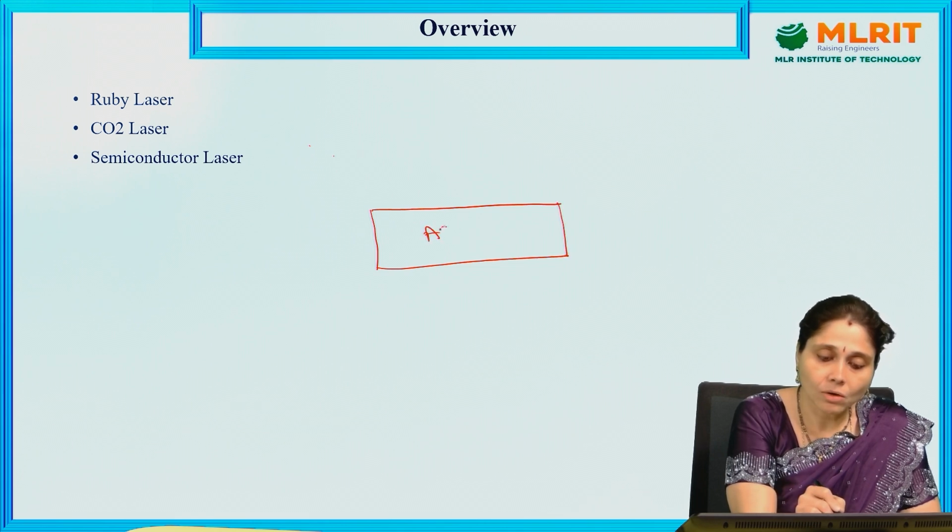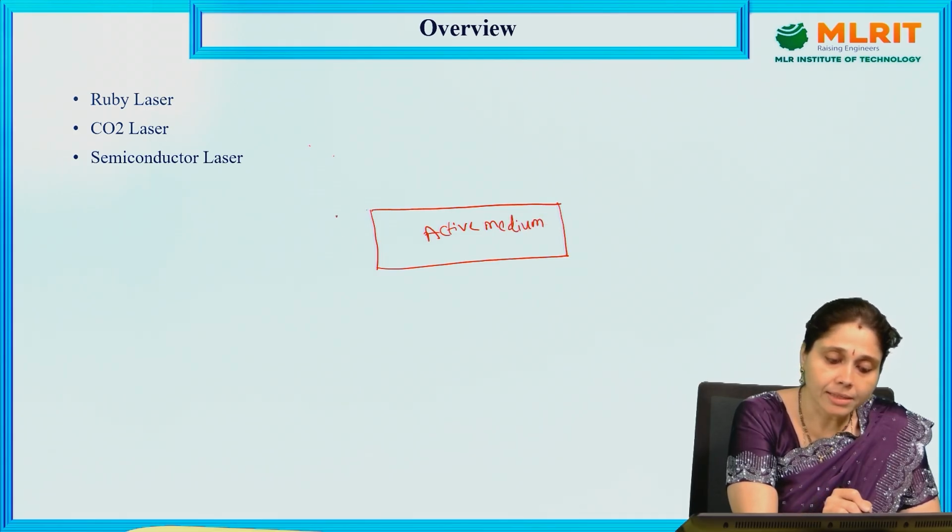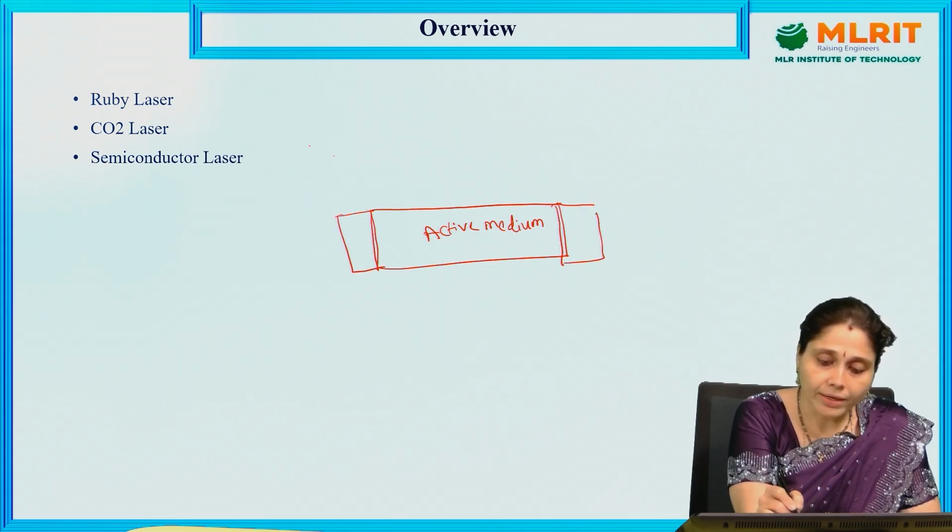The medium is called as active medium, and here surrounding the active medium we do have 2 types of mirrors. One is fully reflected mirror, another one is partially reflected mirror. This is called as fully reflected mirror, and this is the partially reflected mirror.